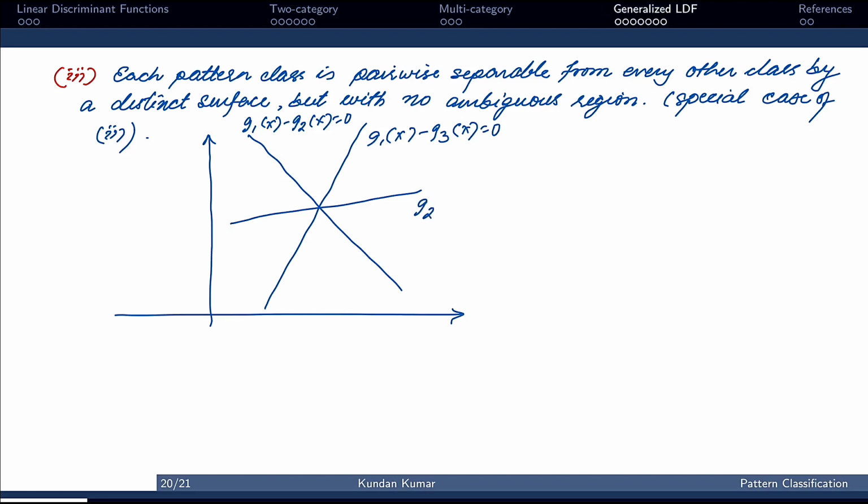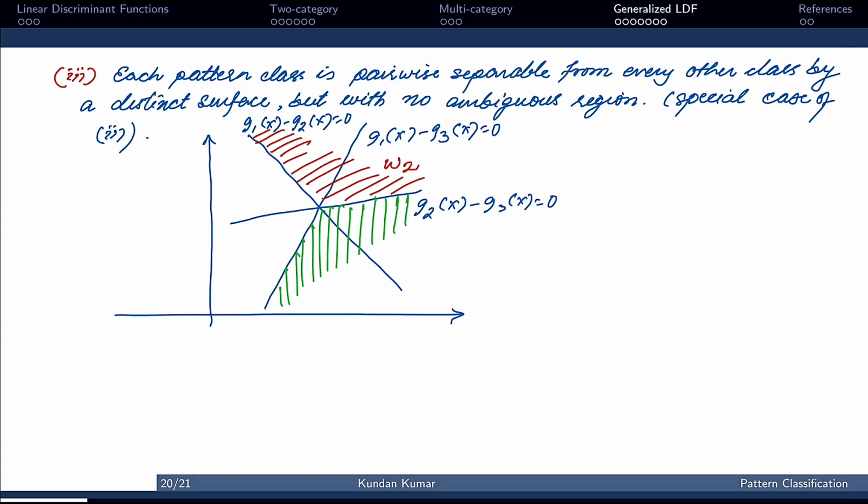This is g2(x) minus g3(x) equal to 0. So here we can define that this region is omega 2, this region is omega 3, and this region is omega 1.